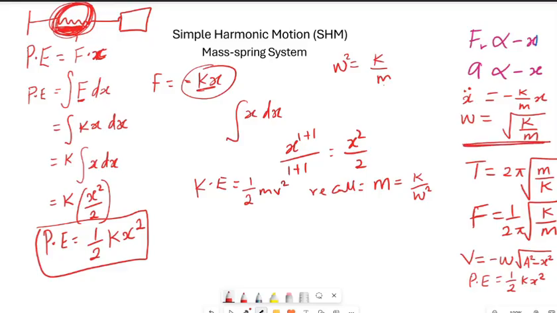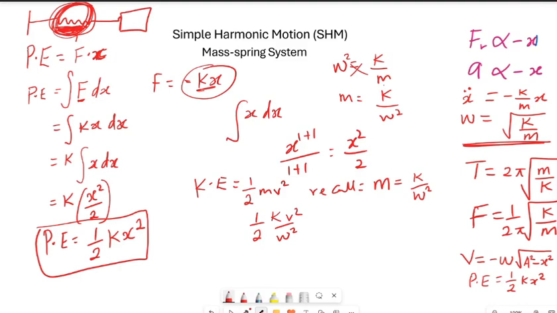If you are looking for our m, we can just cross multiply and say our m equals k over omega squared. So we can represent this inside this, and we say it is half kv squared over omega squared. We can derive a lot from it.